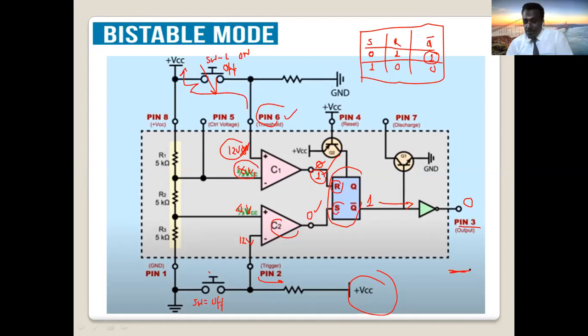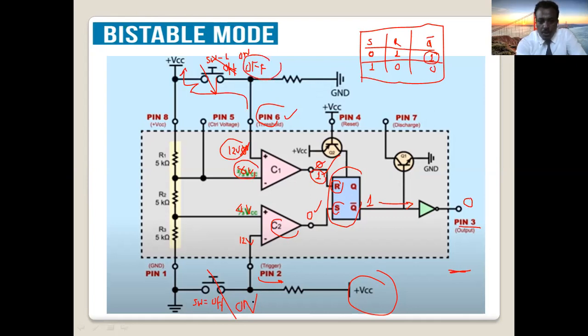At off state, it's bistable. To make it on, what should we do? We have to make sure this switch is on. When this is on, this switch is off. Let's see now the change. Switch 1 is now off.